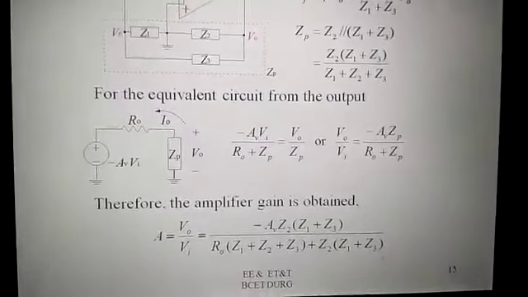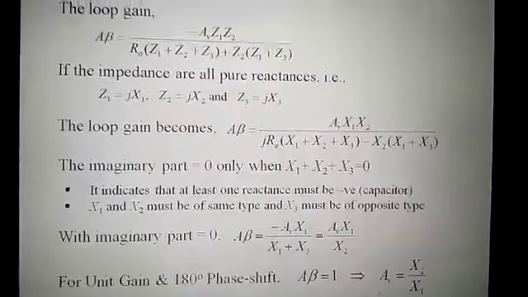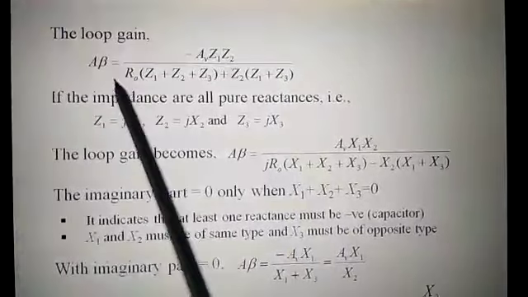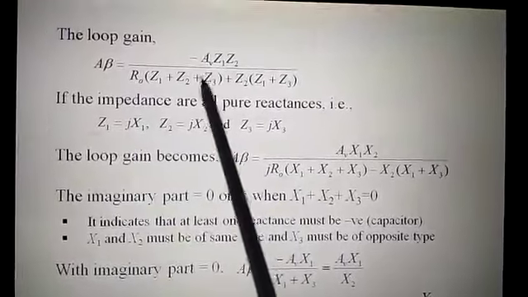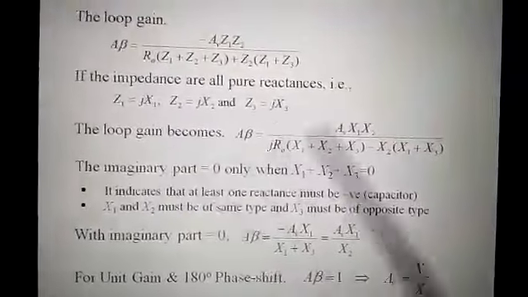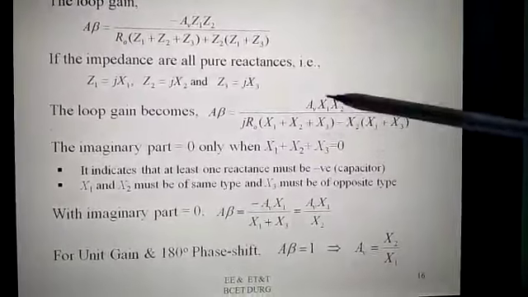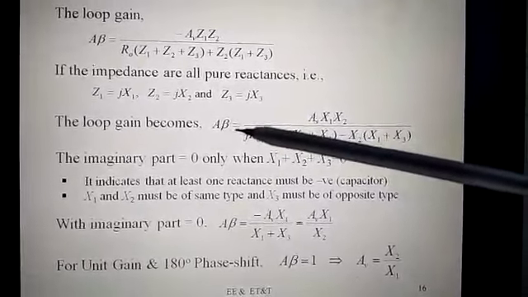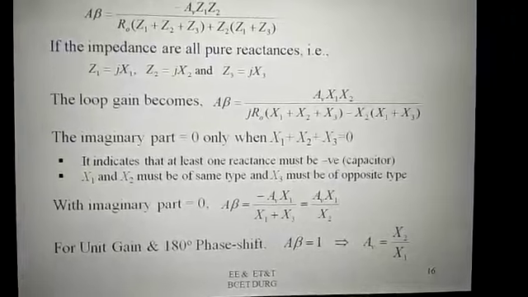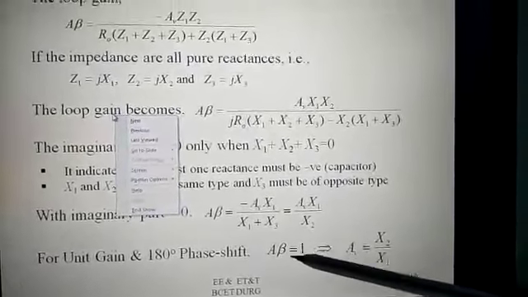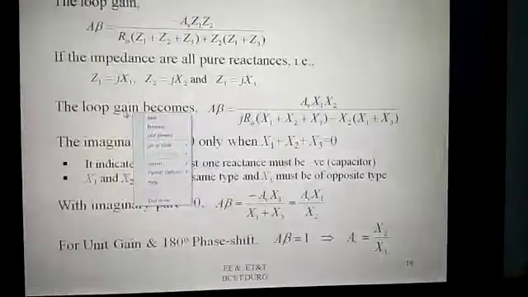From this equivalent circuit we can calculate the output and loop gain. A beta is the loop gain for this oscillator, and then we can find the criteria of the oscillator. The loop gain A beta should be equal to 1.